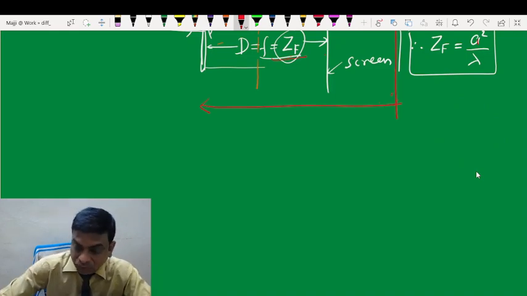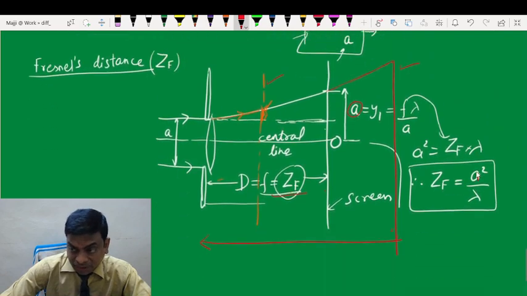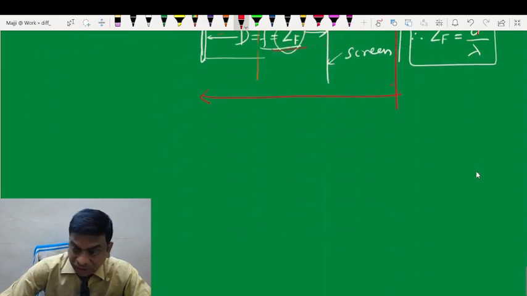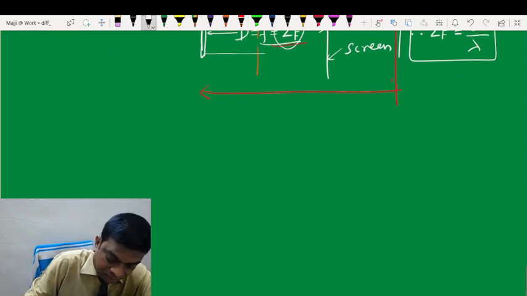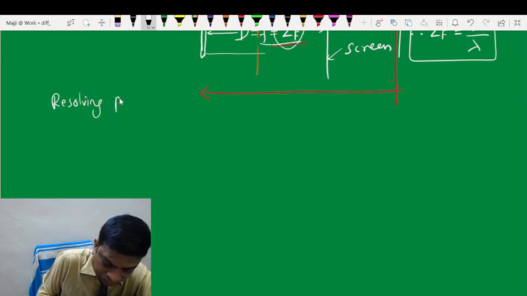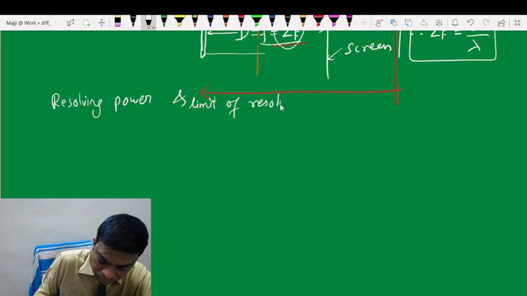Now, suppose students, let us first try to understand the meaning of resolving power and limit of resolution of an optical instrument.